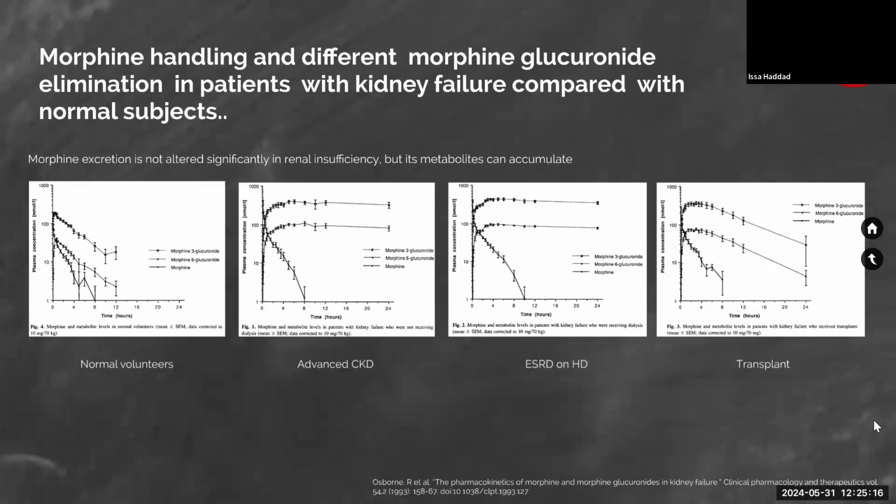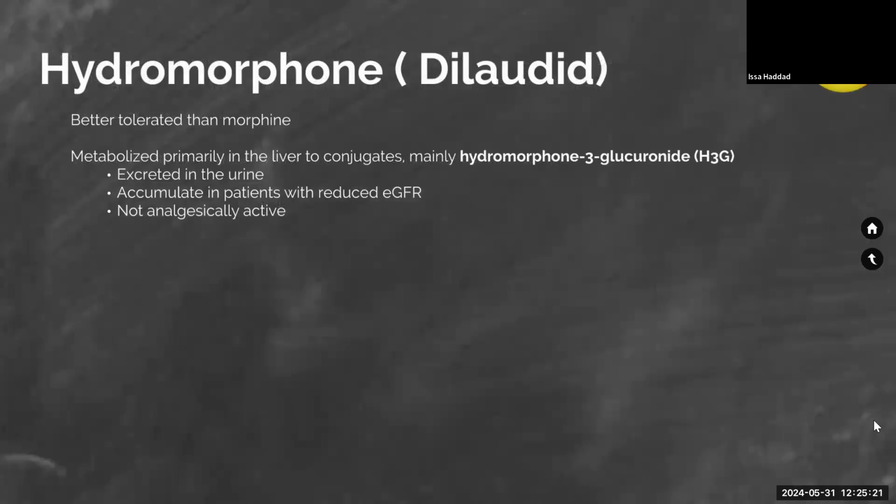So that's what I wanted to bring attention to about morphine, which is, as we said, the natural opiate. Now moving into the yellow light, the semi-synthetic opioids, which I'm going to talk about 2 of them, hydromorphone and oxycodone, because we see them a lot in the hospital. So Dilaudid is thought to be better tolerated than morphine.